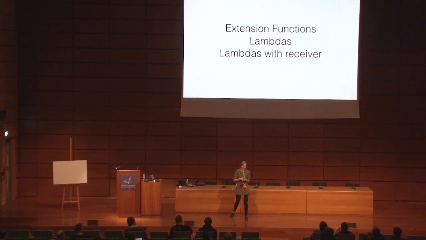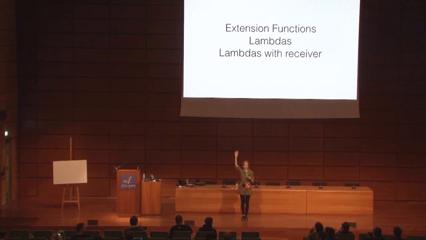Okay, and I will cover 3 features, and this is my agenda for the rest of the talk. Oh, we have plenty of time. Great. The first feature is extension functions. Let's check. Who thinks he understands what extension functions are already? Okay, some of you.